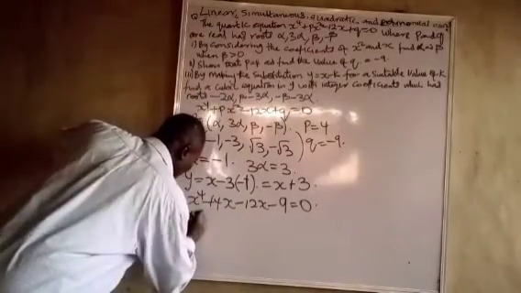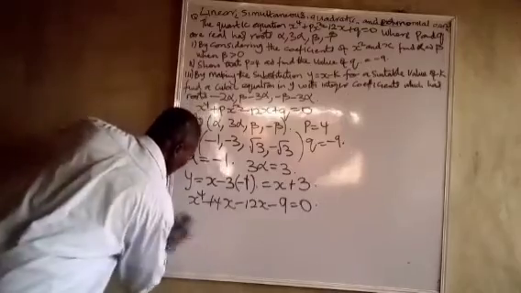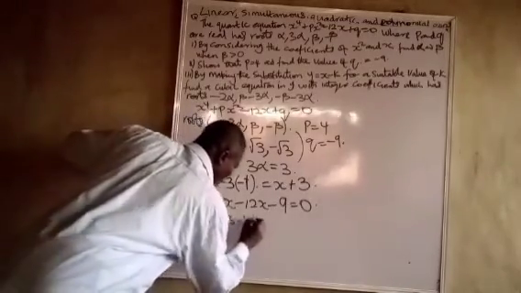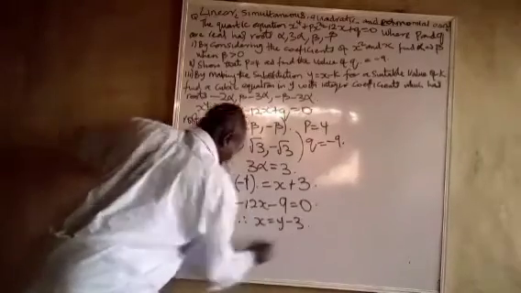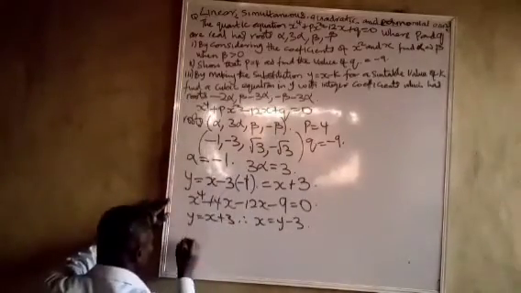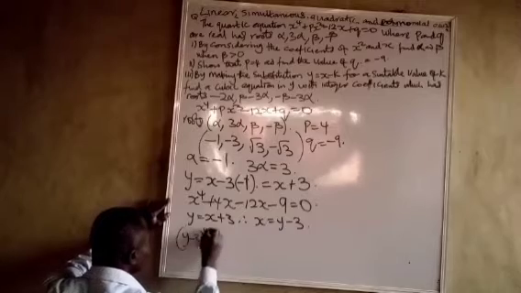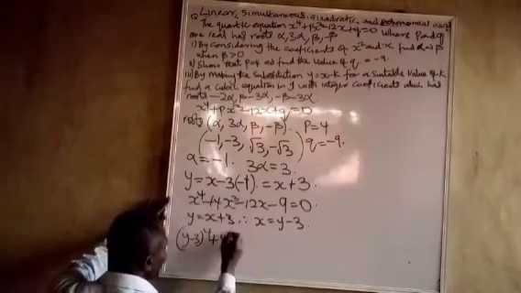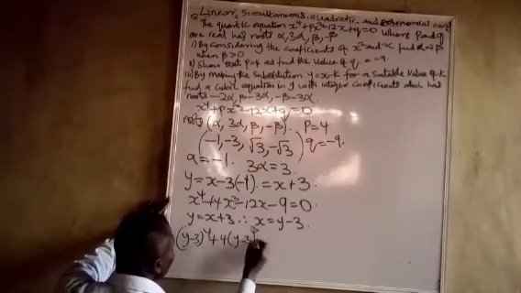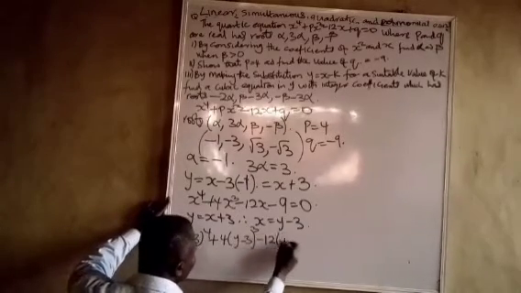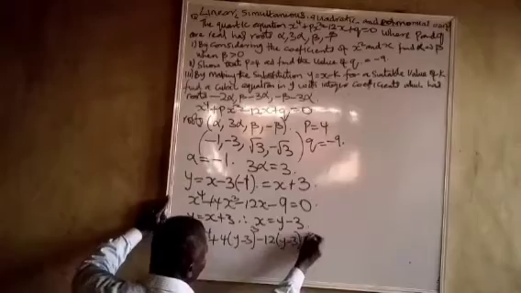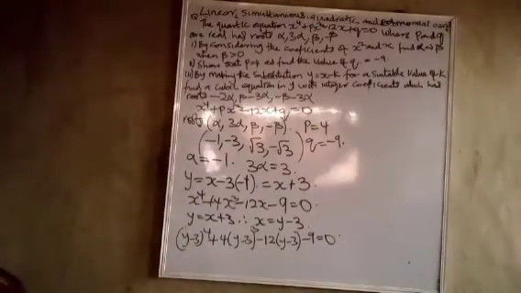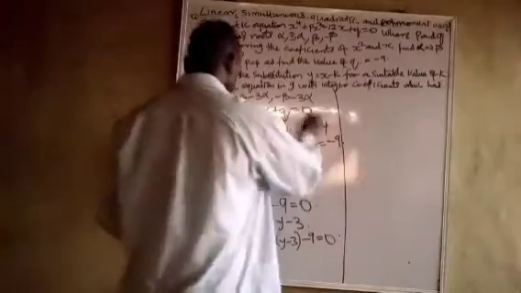Since y equals x plus 3, therefore x will be equal to y minus 3. So let me put y minus 3 into the equation. So (y minus 3) raised to the power 4 plus 4 into (y minus 3) cubed minus 12 into (y minus 3) minus 9 equals 0.